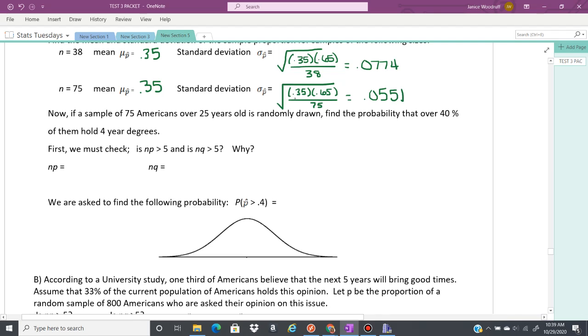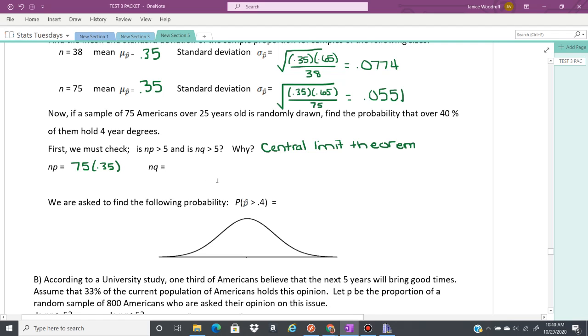Why do we have to do that? Central limit theorem. Remember central limit theorem. Basically, we need to have a big enough sample size in order to continue with the problem. So we have NP, the sample size is 75, P is 0.35.